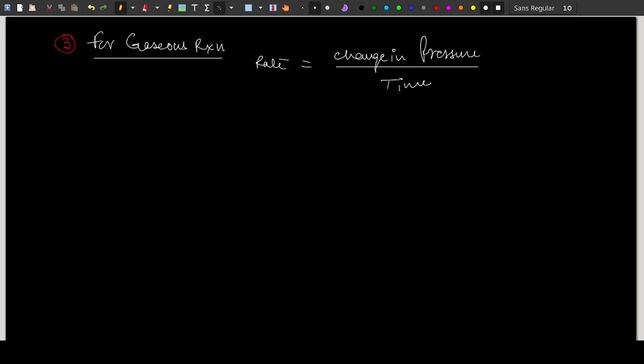And here, dear friends, the unit of rate is equal to unit of pressure upon unit of time. So atmosphere per second, or bar per second, or Pascal per second, etc. It's well known to you.